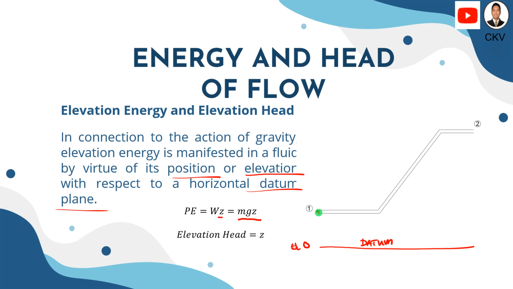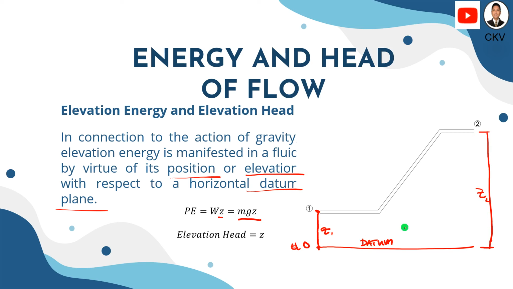That z is measured from the datum going to the point where we are going to calculate the potential energy. So this is distance z. This is also distance z. Okay, z at point 1, z at point 2.